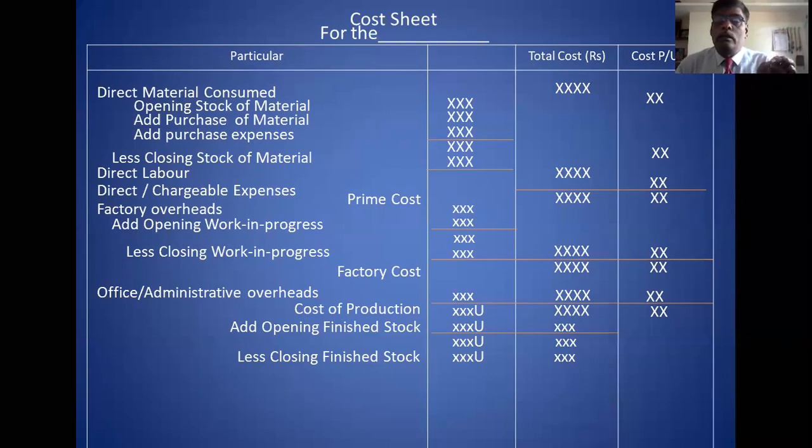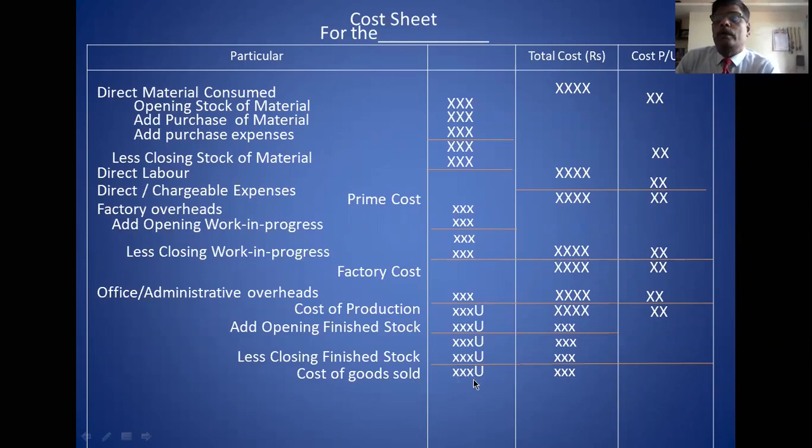Then you take the remaining value. You deduct the quantity in the unit column and the amount in the amount column. You see here. Whatever value comes, this value is called the cost of goods sold.